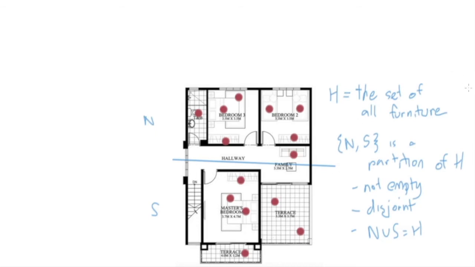Okay, but say we wanted to further divide up our furniture along this axis here, this orange axis. Now we have four sets of furniture. So with the further division, we've got the northwest, northeast, southwest, and southeast. What we find is that northwest, northeast, southwest, and southeast is also a partition of H, right?